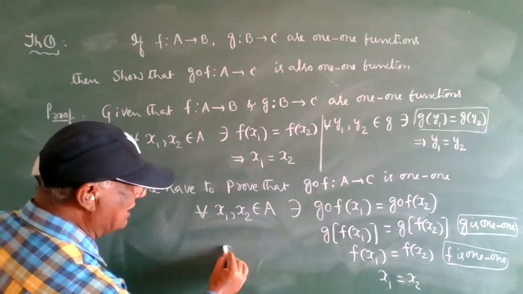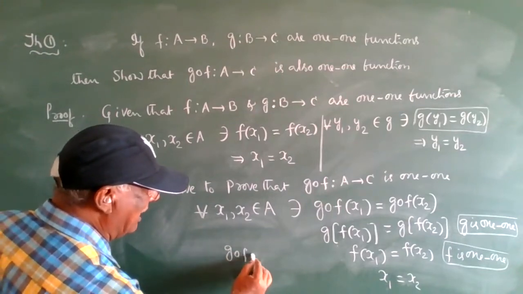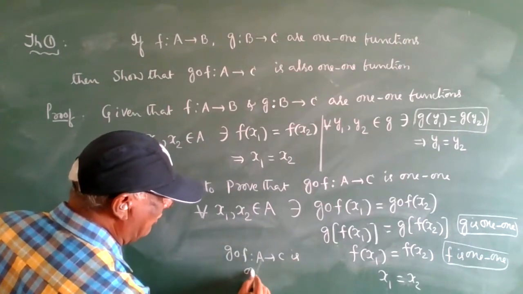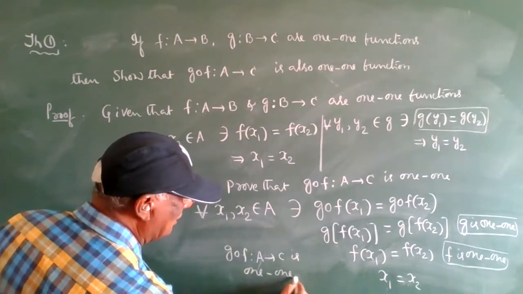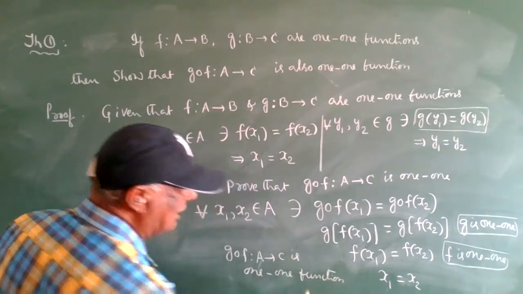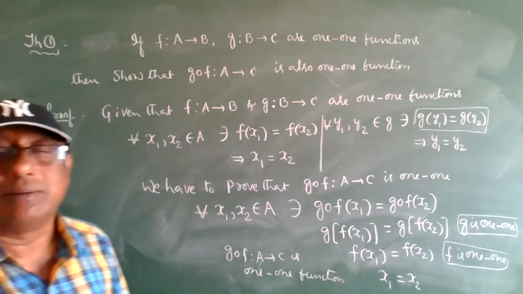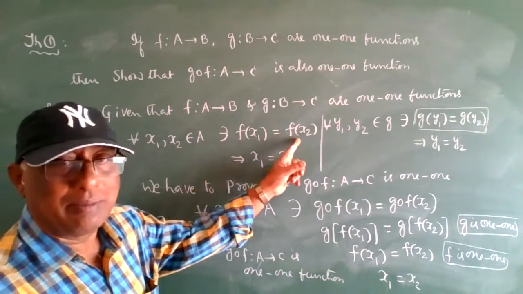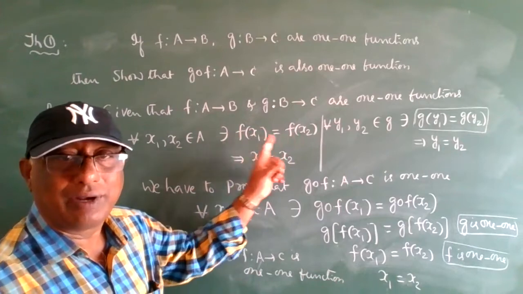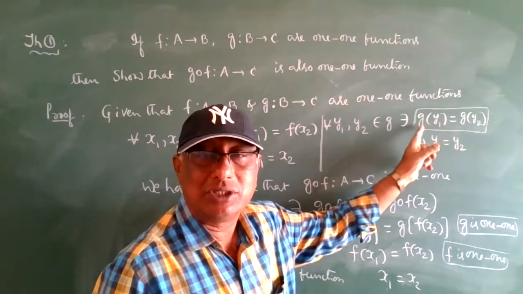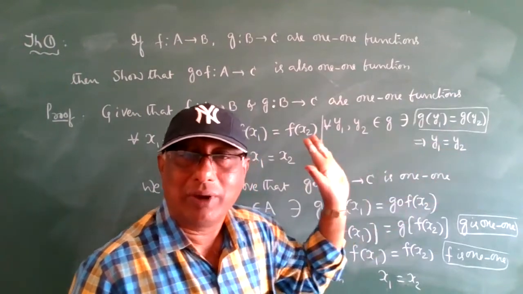Now write down: g circle f, mapping A to C, is a one-one function. This is clear, everyone? So Theorem 1 is completed. Very simple. f is one-one means f replace gives x1 equal to x2. g is one-one means g replace gives y1 equal to y2.